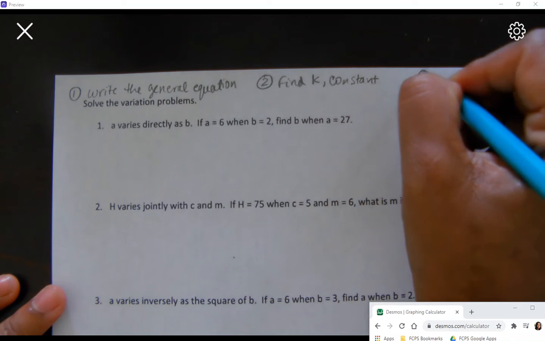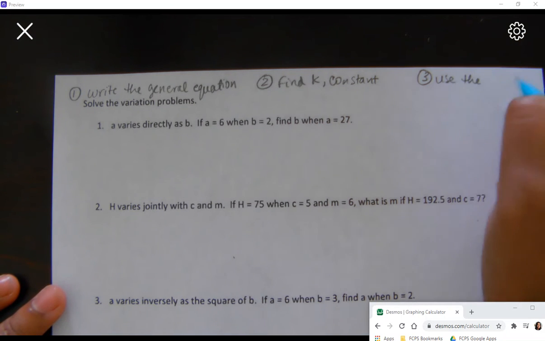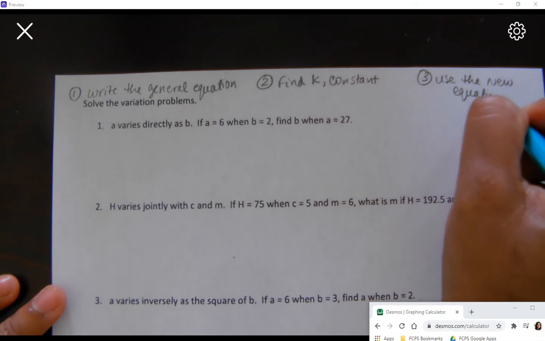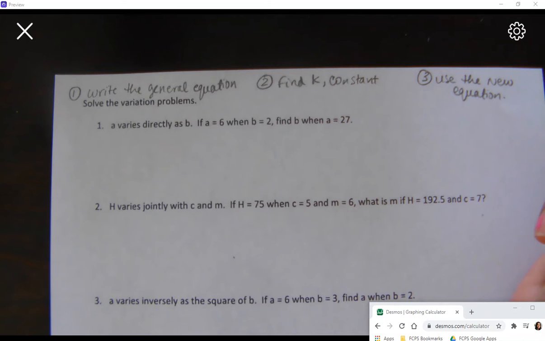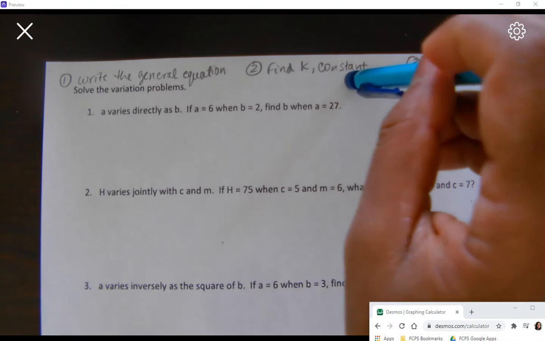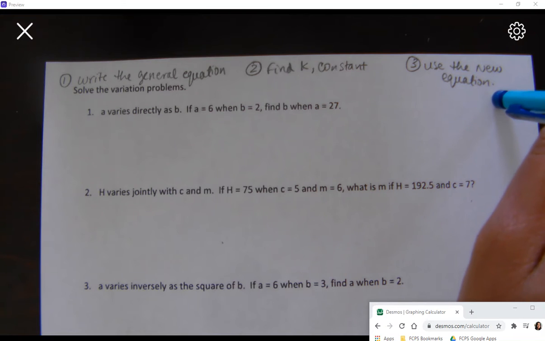Today on page 3 we're going to learn how we can use the new equation. For each of these problems, I'm going to show you how we can use the new equation.